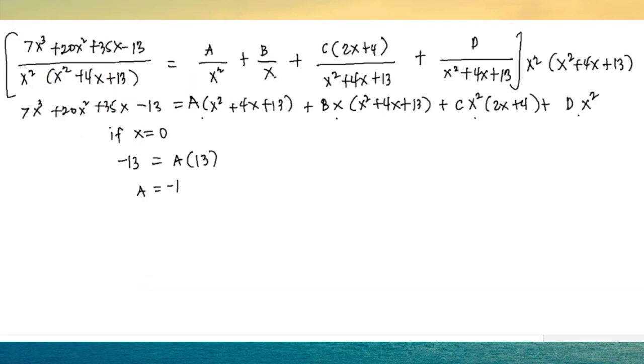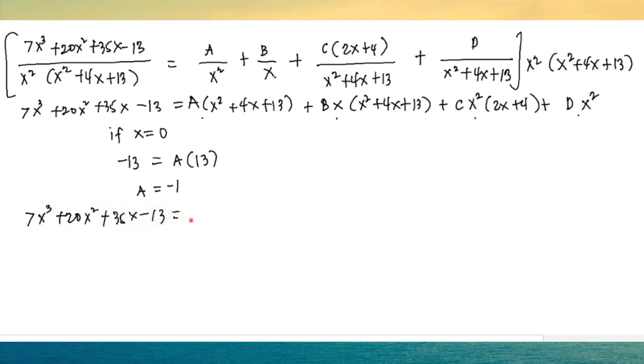Okay, so next thing we will do, since we no longer have roots that we can substitute, we have to expand the equation and then use the coefficients. So we have 7x cubed plus 20x squared plus 35x minus 13.